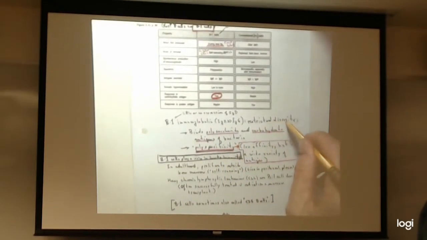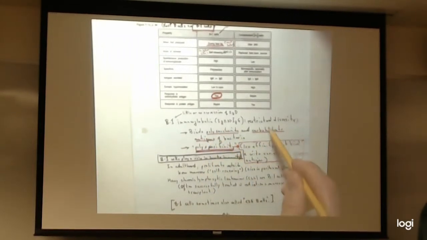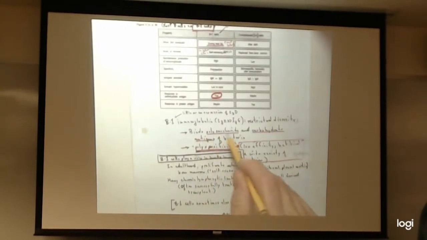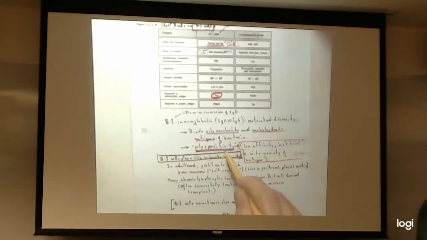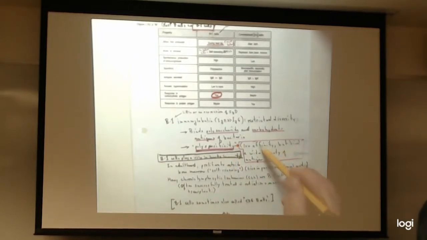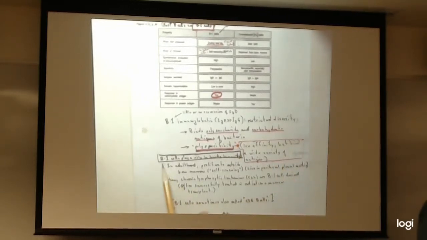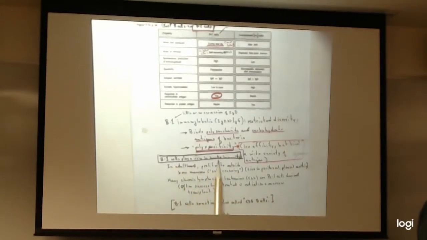Restricted diversity, as I was telling you, they bind polysaccharide and carbohydrate antigens of bacteria, but the antibodies that they produce have a broad specificity. They are low affinity, but they bind to a wide variety of antigens. So B1 cells play a role in innate immunity.